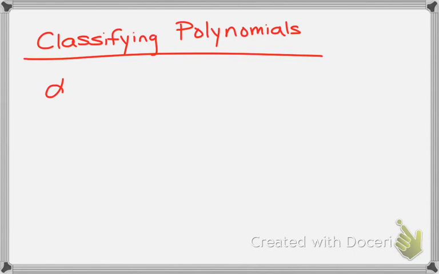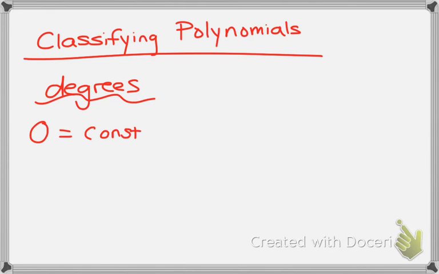All right. So let's go over our degrees first. If your degree is 0, we are going to call it a constant polynomial. If your degree is 1, we would call it what? Linear.